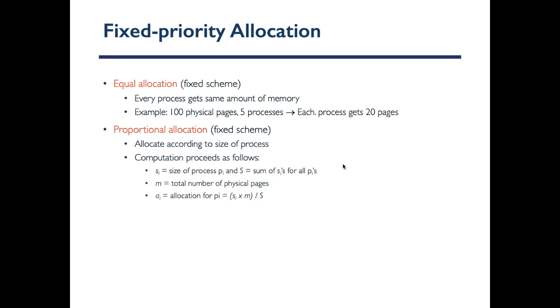It could be that, in some systems, you allocate proportional to the priority of each process. So if you have high priority, then your allocation is higher. Somehow you need to assign numbers to priorities and then allocate based on that.